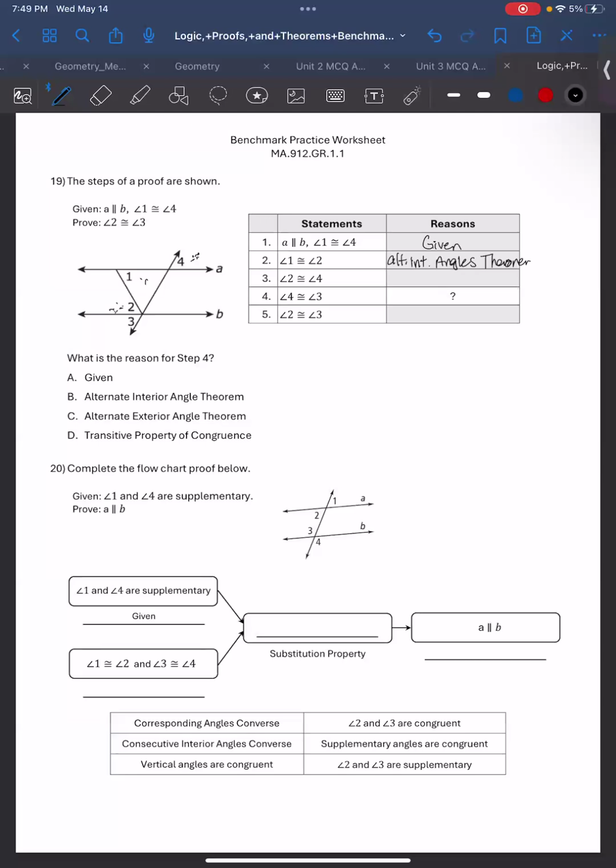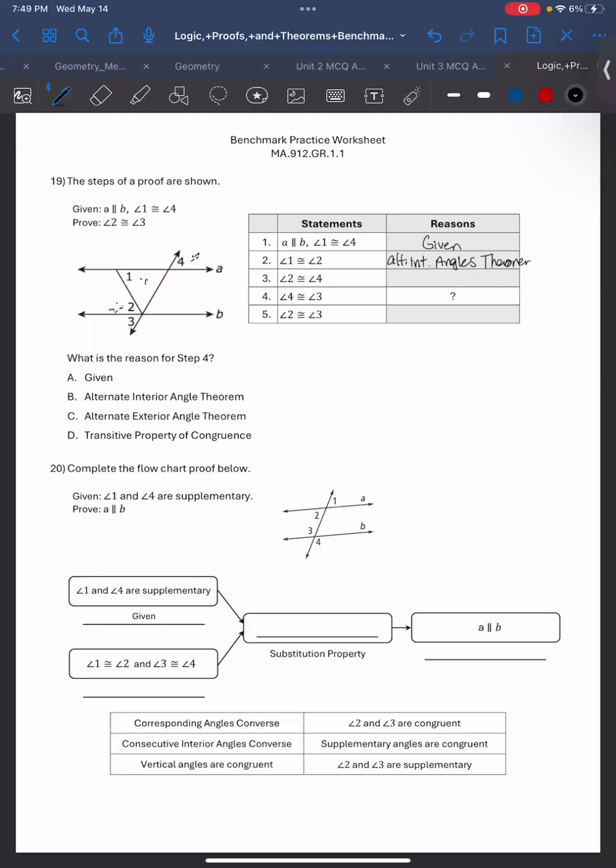They're supplementary though. Are they? Wait. Oh my God, sorry, I'm looking at the wrong one. Isn't transitive like if... No, wait, they messed this up. Oh, well, yeah. Sorry, I was looking at number 20. I was looking at the wrong thing. Oh, we'll do that one next.